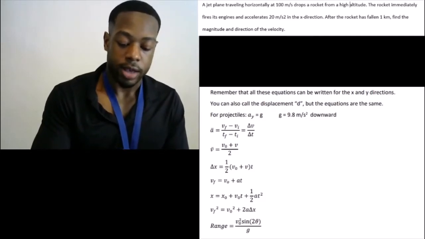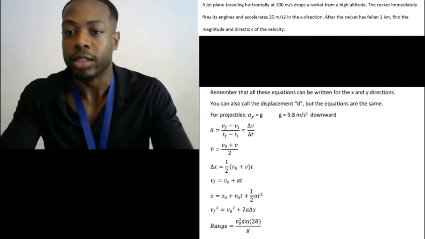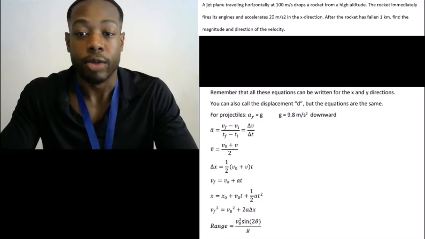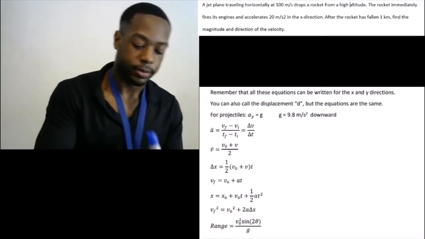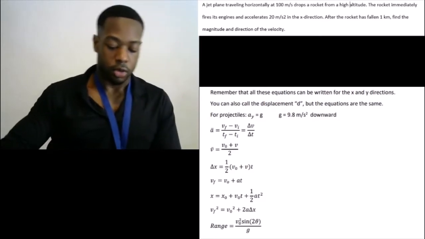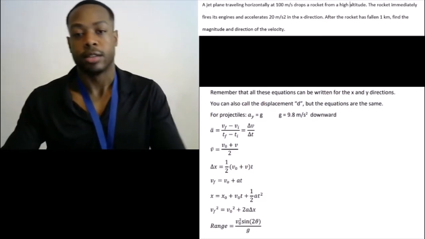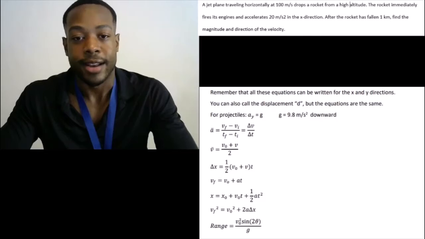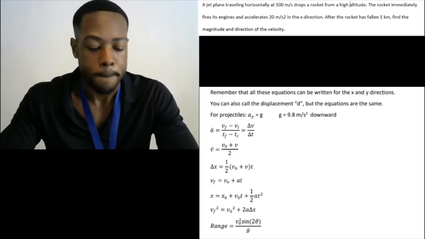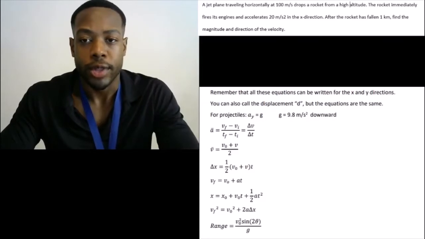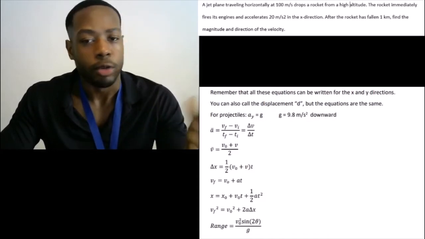Now that we know that, we want to find the magnitude and direction of the velocity. So we've still got some steps left, actually. So we travel 14.3 seconds, and we have an x velocity and acceleration, right? So with that information, we could do something similar to what we did in the last question.